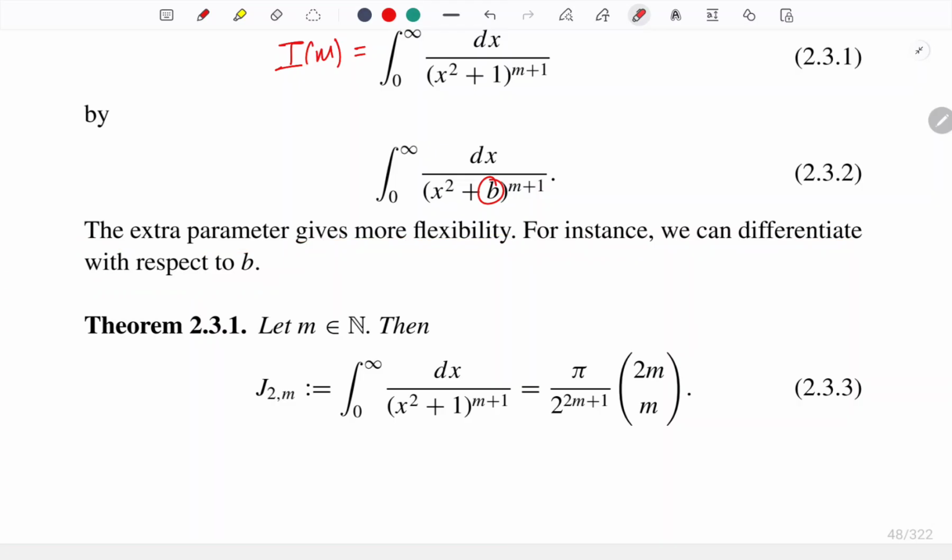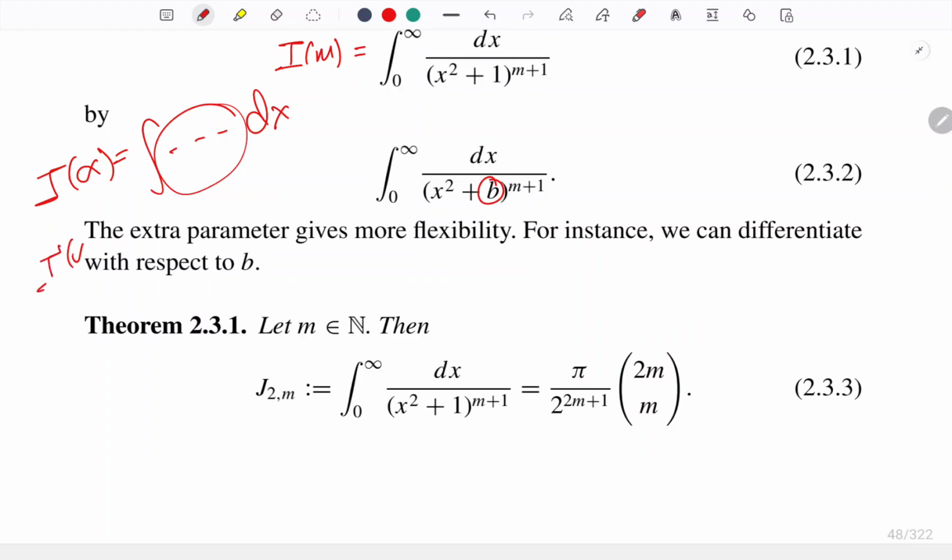Parameterizing and then differentiating, so it's like talking about the Feynman technique. The Feynman technique is that we parameterize an integral as I of alpha equal to the integral of a function of alpha dx, and then differentiate it with respect to alpha.